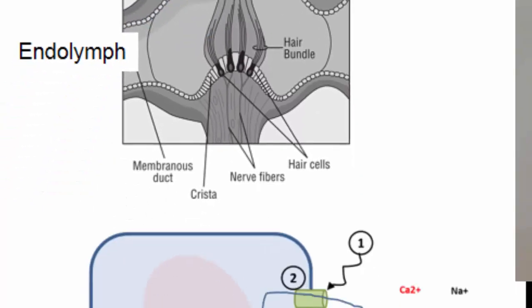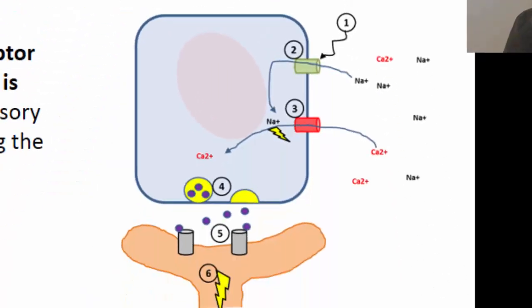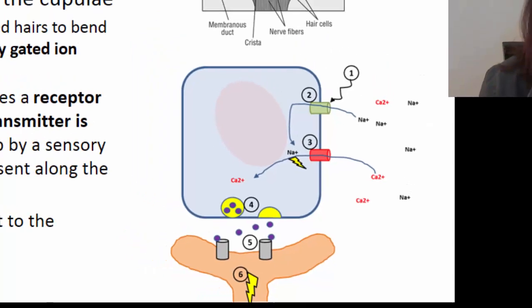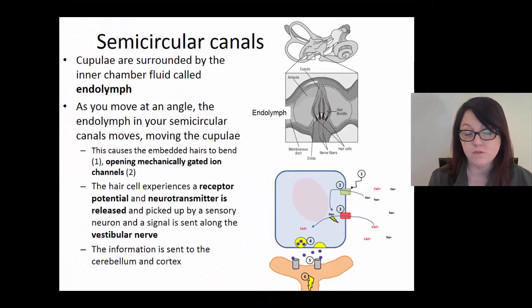And when those hairs bend, that is going to open mechanically gated ion channels. That's going to cause the hair cell to experience a receptor potential, which will lead to the release of neurotransmitter by the hair cell. The neurotransmitter is then picked up by a nearby sensory neuron, and now a signal will be sent along the vestibular nerve towards the brain, where you will eventually be able to sense balance.